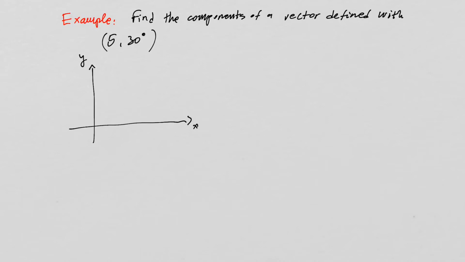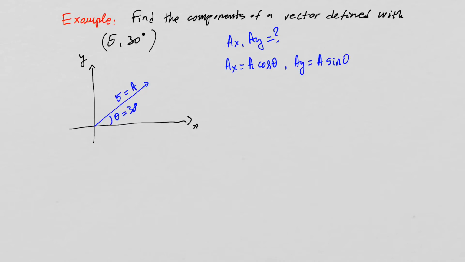So x and y. So the vector has magnitude of 5. And the angle here, theta, is 30 degrees. So we want to find the components of the vector. So let's call this vector A. And we want to find AX and AY. Alright, so we know from the definitions that AX is equal to A cosine of theta, and AY is equal to A sine of theta.